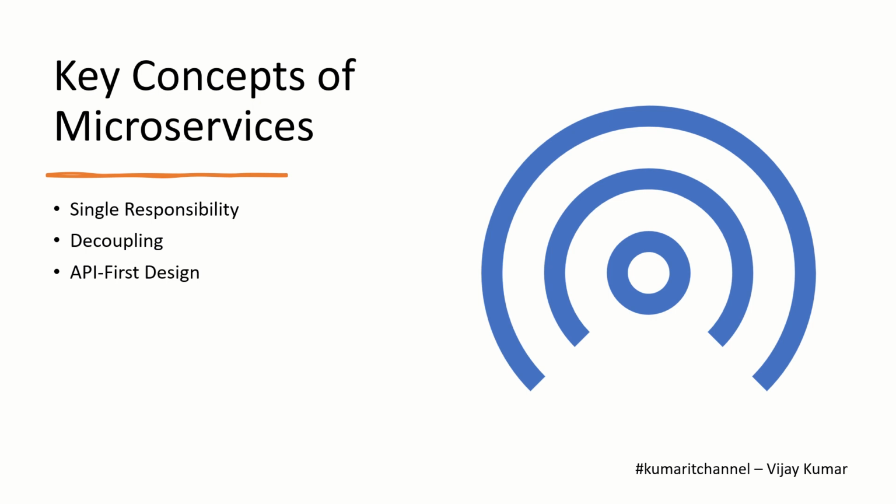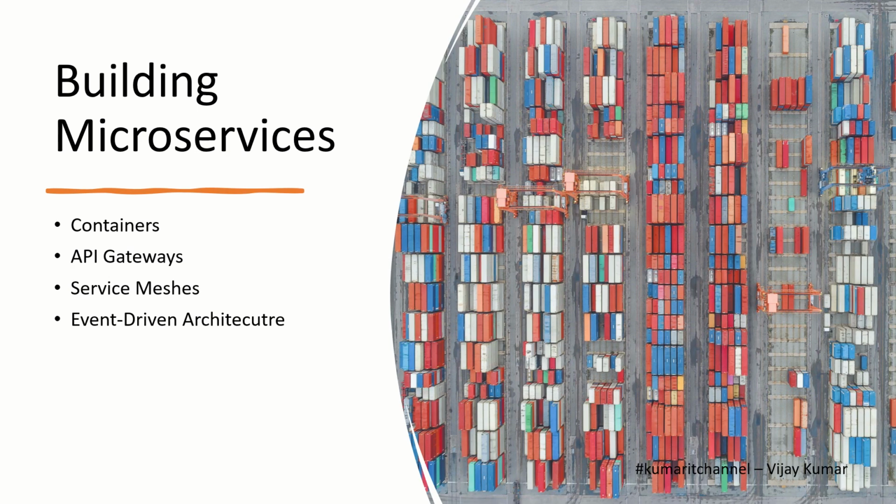So these concepts of microservices, including single responsibility, decoupling, and API first design, are very important to understand when we are modernizing a legacy mainframe system using a microservices architecture, right? So this is about the key concepts, and let's look at building microservices here.